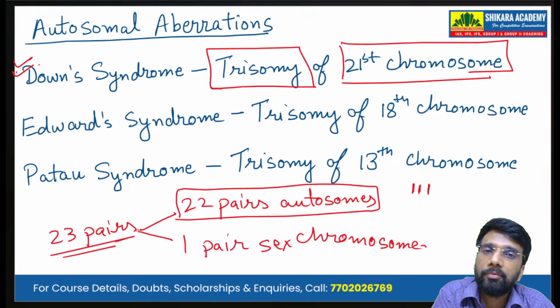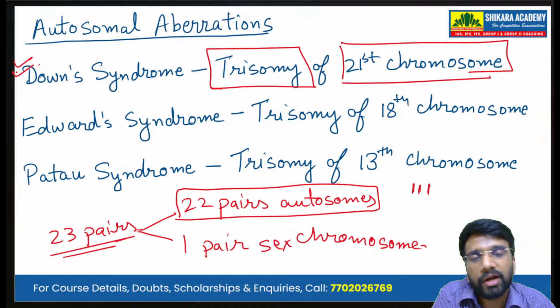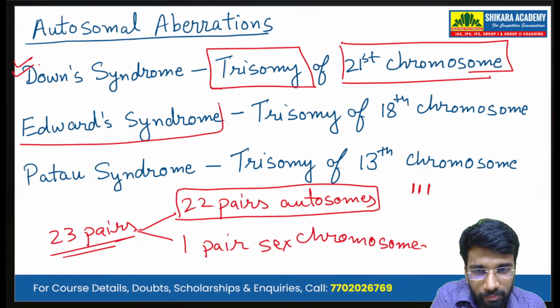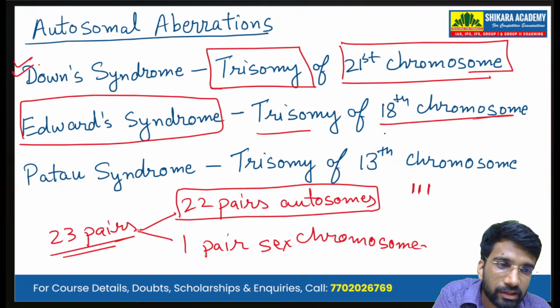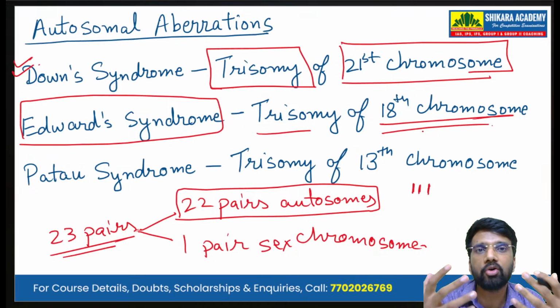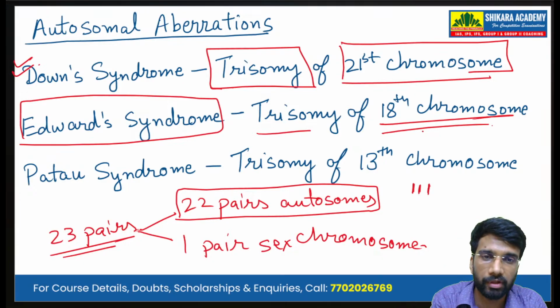The recent movie Sitare Zameen Par is trying to create awareness regarding Down syndrome in society. Then there is Edwards syndrome, which is caused by trisomy of the 18th chromosome, that is three copies of the 18th chromosome instead of two.